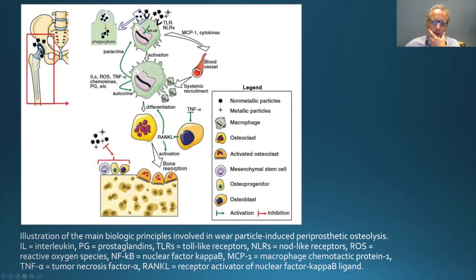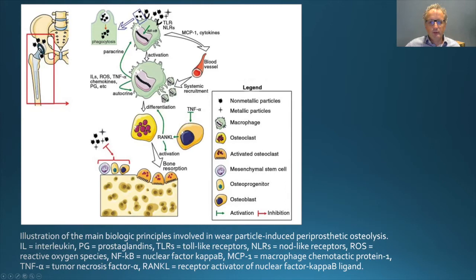You've also got osteoclasts around, which are then activated by all of these interleukins, and there's a whole host of in vitro studies you can learn, but basically it's interleukin 1 and 6, tumor necrosis factor alpha, that does most of it.